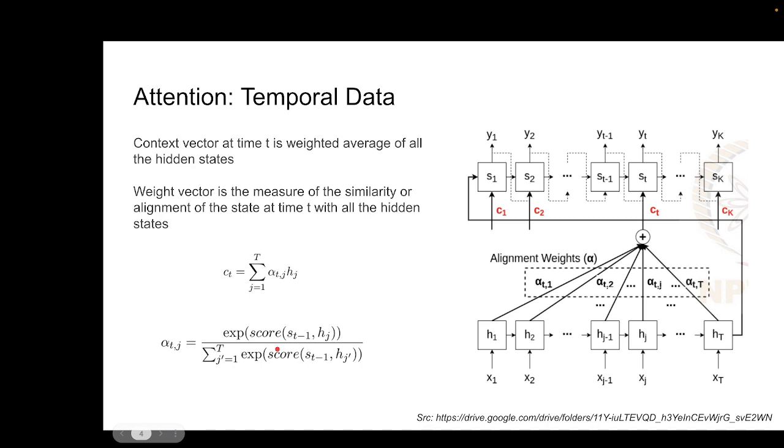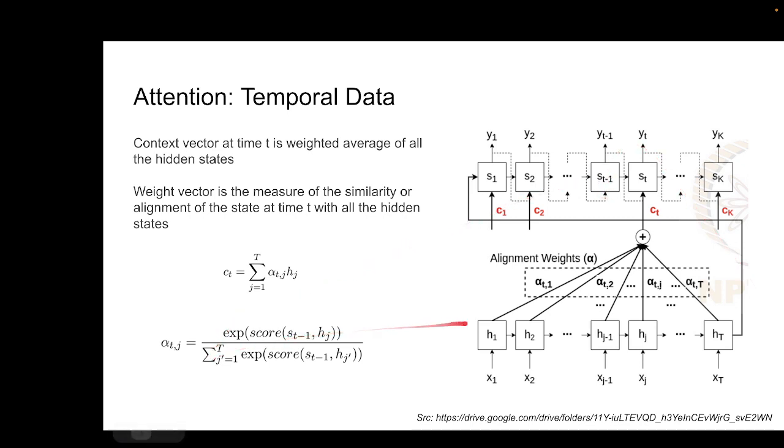So we all know now that softmax converts your input vector to a probability distribution, and that is exactly what we want, right. We want the weights to sum to 1, they should be probabilities. So this part basically means that given this s_{t-1}, I will try to find which of these h_i's or h_j's are most similar to s_{t-1}.